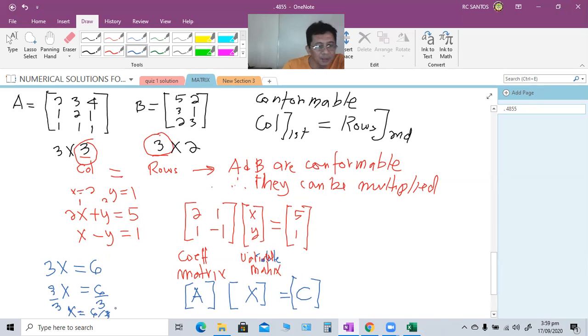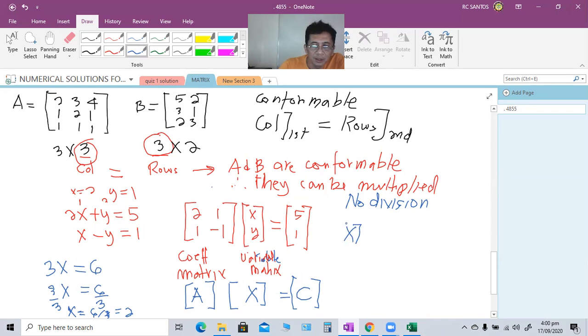Okay lang ito pag numbers. This is 6 divided by 3, which is 2. But in matrix, there's no division in matrix. Walang division. No division in matrix. Kayo, maka-invento kayo ng division. So, walang division niya. So, what we do, so this is now our solution.